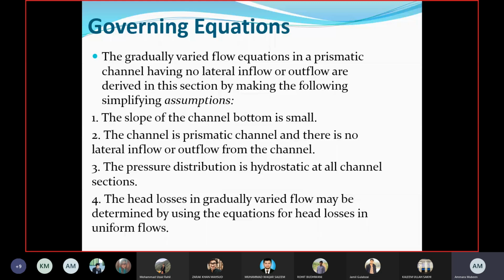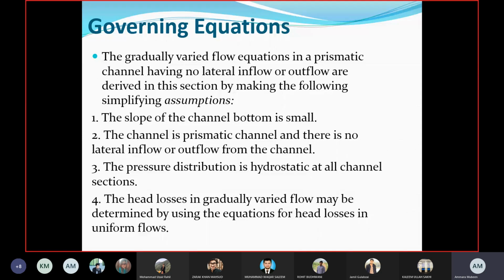Then the fourth assumption is that the head losses in gradually varied flow may be determined by using the equations of head losses in uniform flow. Do you know any empirical equation which can be used to find the uniform flow depth? I think you already have studied that. Manning's equation and Chezy's equation.